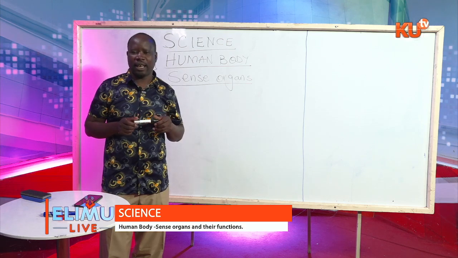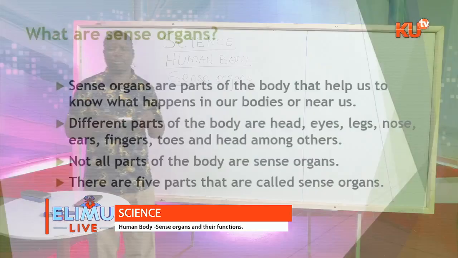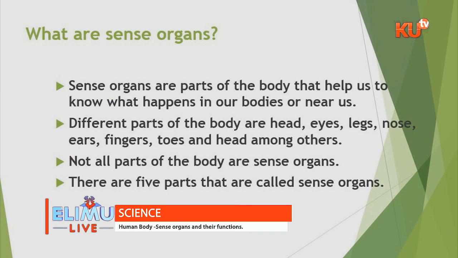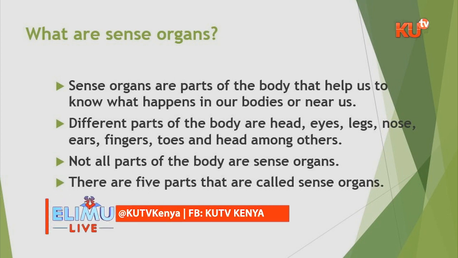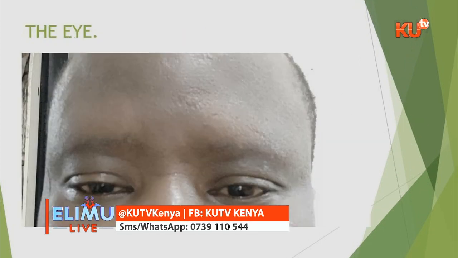As we go to the next slide, we shall see each of them and see how many sense organs we have, because not all parts of our body make the sense organs. So as we see the first slide, we shall see the first sense organ.